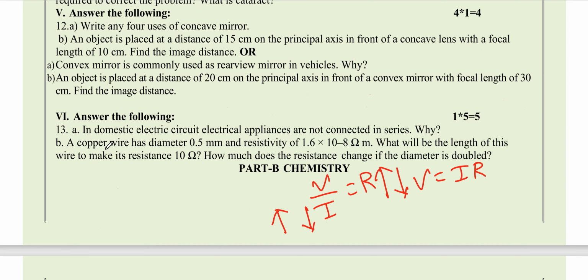This means if we connect all our different appliances in series, we have different appliances. If we give the same current for all appliances, do you think all will work? No, of course not. Each one works only when it gets the current it needs.